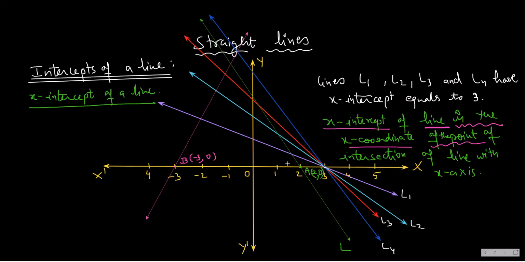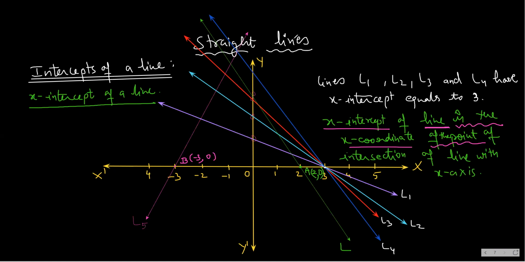Now see students, you must notice that these lines, L1, L2, L3, L4, then this is L, say this line is L5, are not intersecting only x-axis. They are also intersecting y-axis at different points.